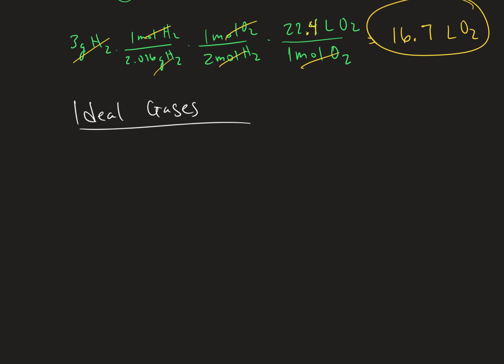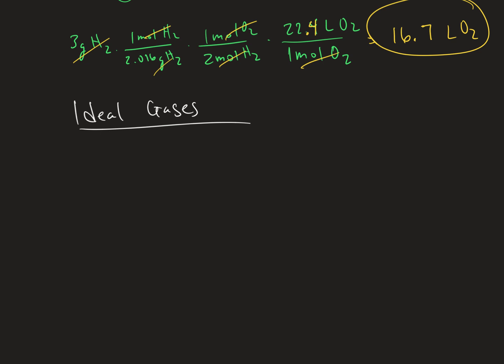So the ideal gas law is basically for prediction only, the same thing as with theoretical yield. Stoichiometry is prediction only, but it's pretty close. And if we measure well in our lab experiment, we're going to get really close to that. Okay.